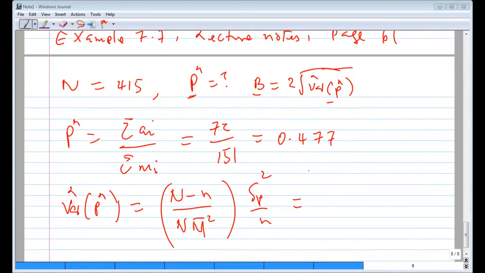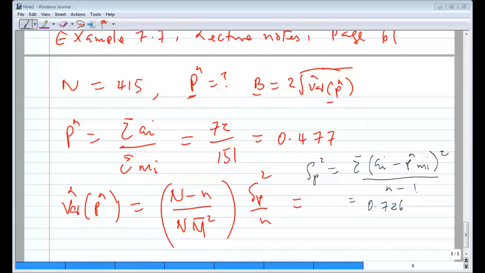And our s_p squared is the summation of (a_i minus p-hat m_i) squared, divided by n minus 1. So our s_p squared, or sample variance for the proportion, is 0.726 squared. 0.726, then you square it. Okay, so we have it.